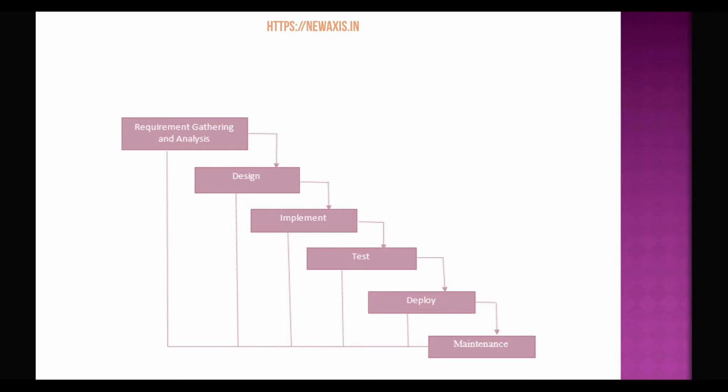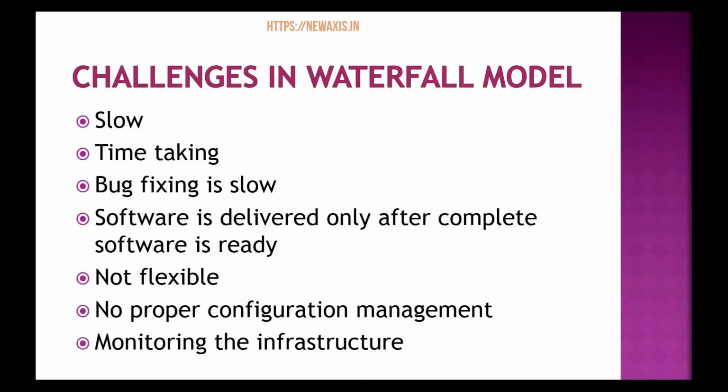So with this model, there were a lot of challenges faced by both the development team and the ops team. It's a very slow model, it's a time-taking model, and bug fixing is also very slow. Because let's suppose code is ready now, it's not going to be deployed immediately.